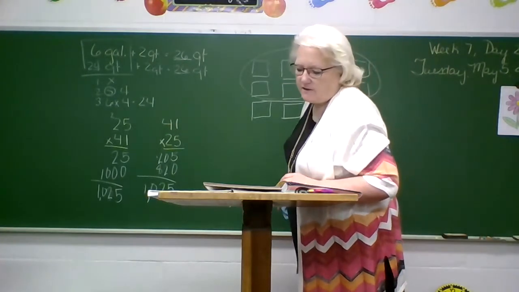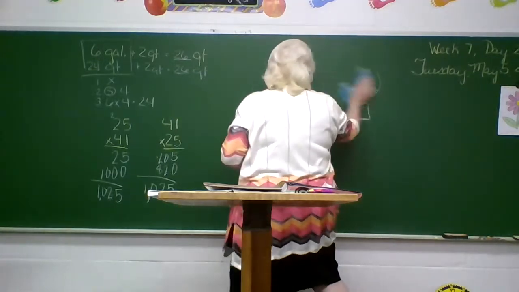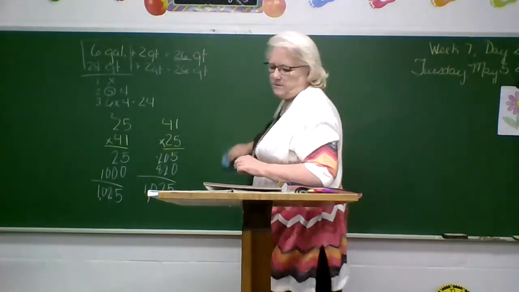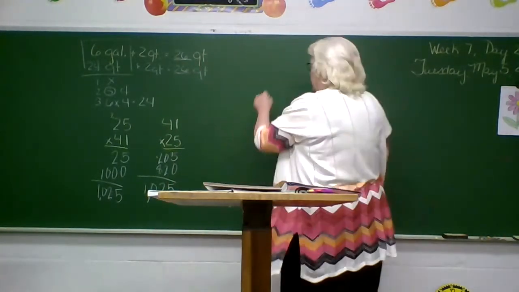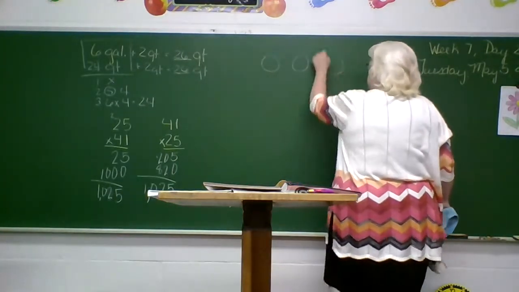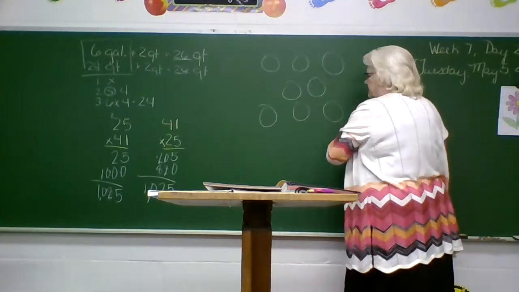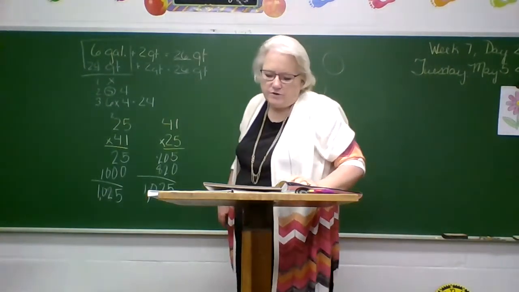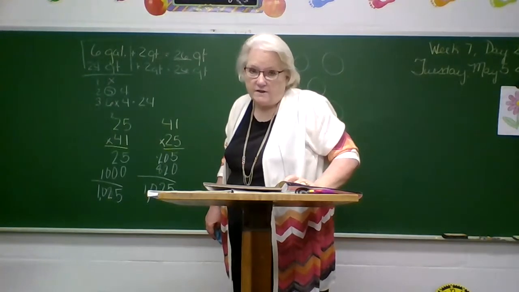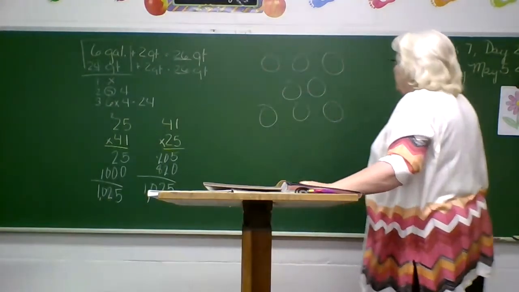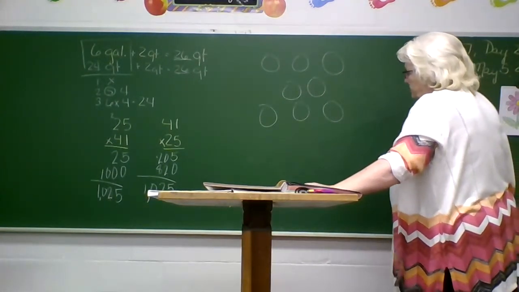And then let's look at the circles. All right, how many circles do we have? 1, 2, 3, 4, 5, 6, 7, and 8. And they want us to circle 3/4 of them. We're going to have to divide this into 4 different groups.